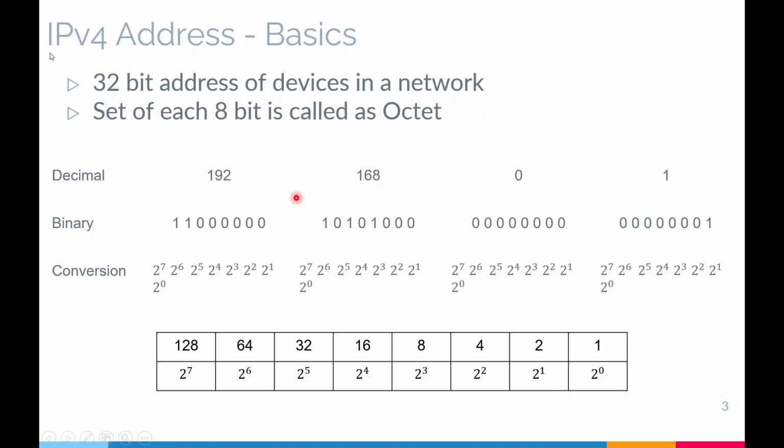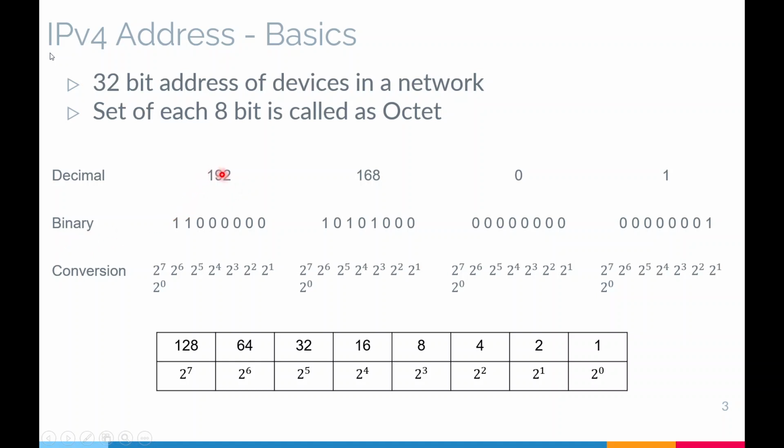No matter what the length of the number is, if it's 0, or a single digit, or anything, it has to be in 8 bits. Even if you fill it with 0s, that's not an issue, but it always needs to be represented in the form of 8 bits. Now, since we are converting decimal to binary, decimal is base 10 and binary is base 2.